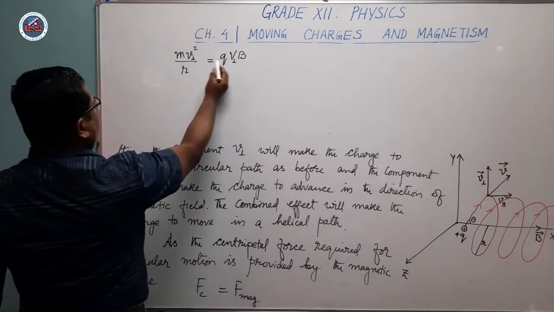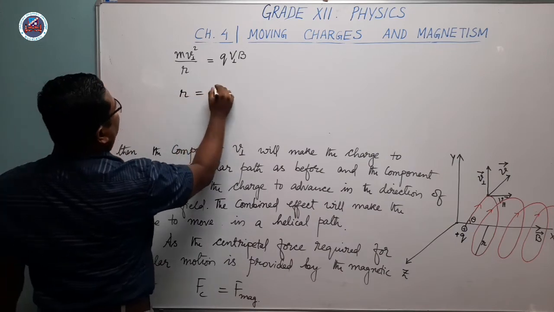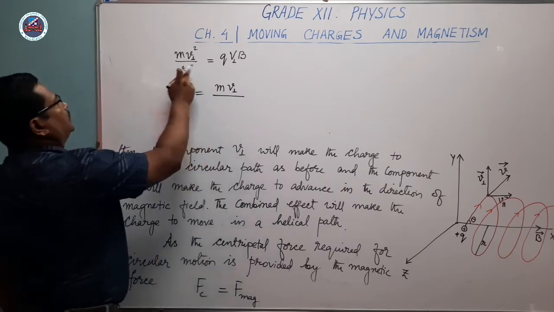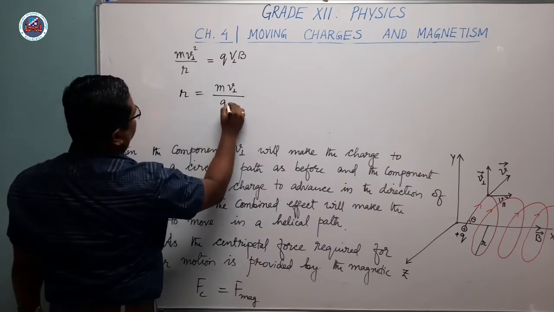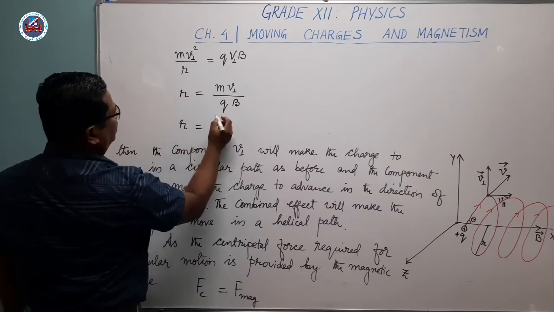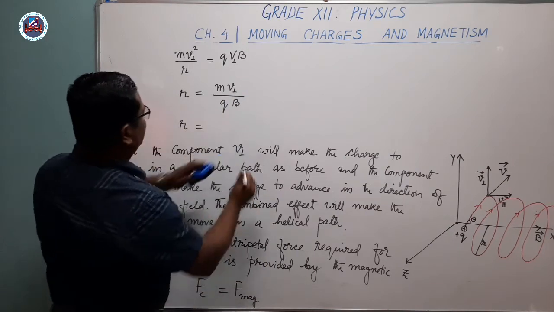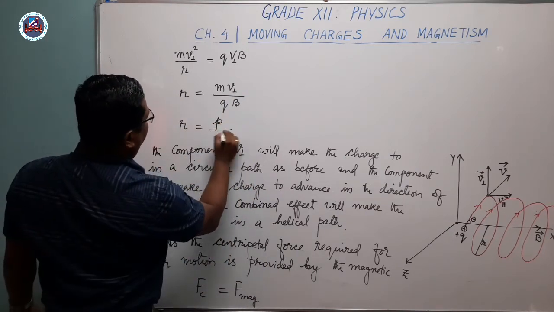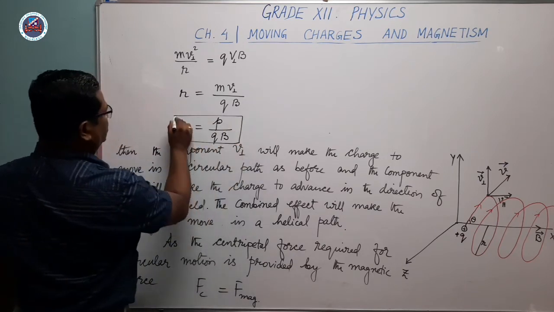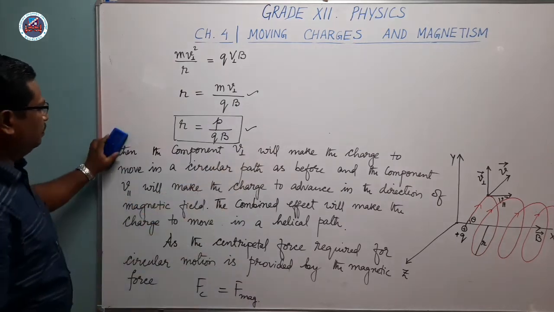This velocity you can cancel out. r is equal to m v perpendicular divided by qB, and in terms of momentum, mv is linear momentum, so p divided by qB you can also write. These two expressions give us the radius of the circular path.